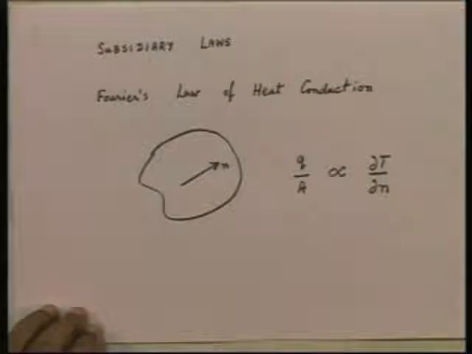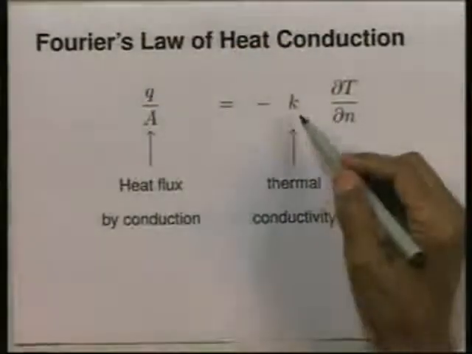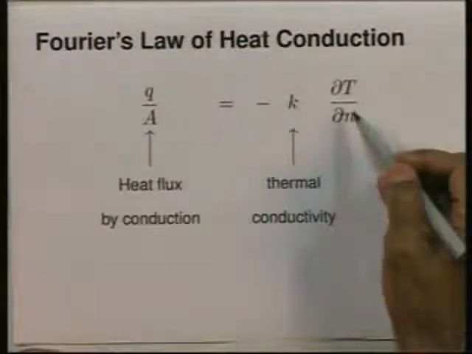All right. So, if I want to remove the proportionality sign, then the statement of the law would be the following. I would get Q by A is equal to minus a proportionality constant K multiplied by dT dn.